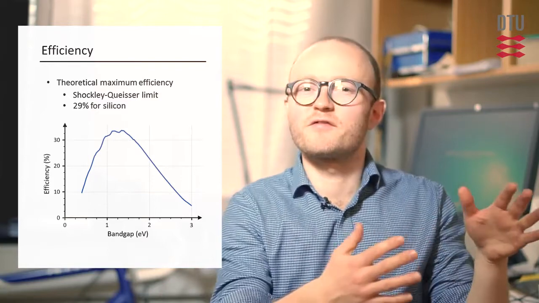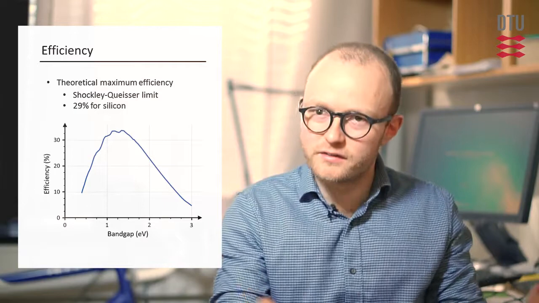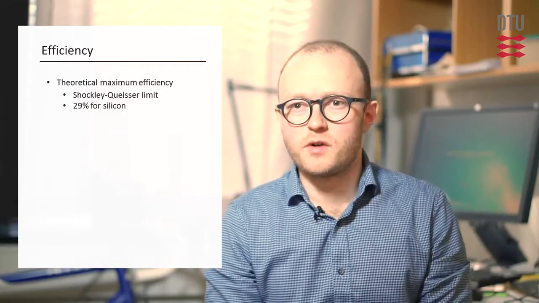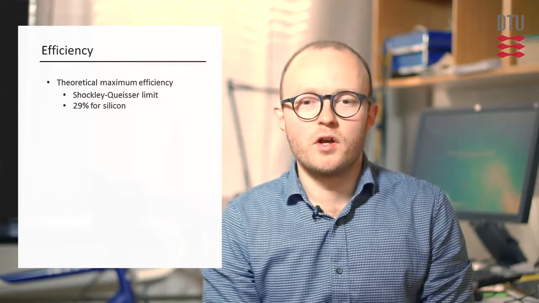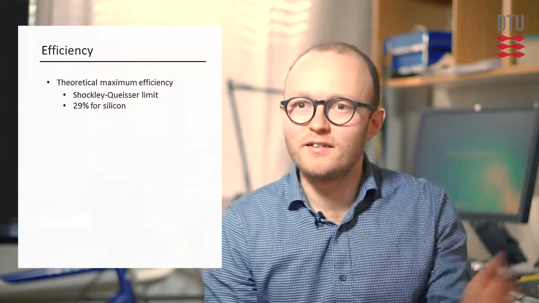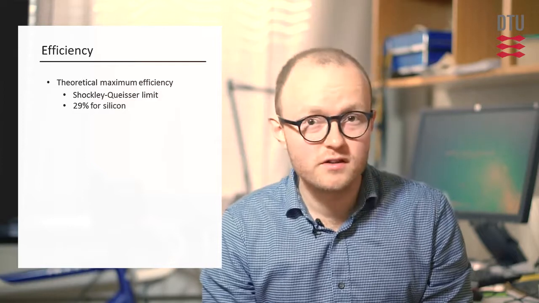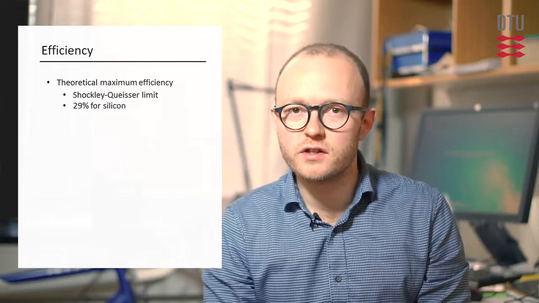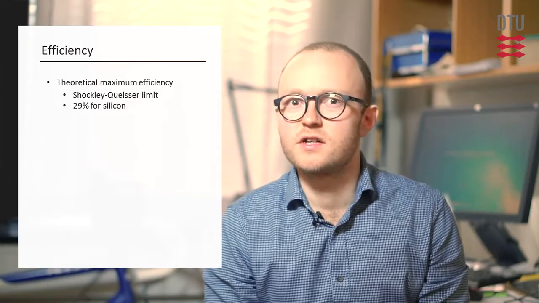So that's assuming a lot of perfect, ideal scenarios, and of course it's very, very challenging to reach that in practice. But actually, the efficiency of silicon cells is approaching this theoretical limit. The current record for monocrystalline cells, which are the most efficient, is 26.3%.